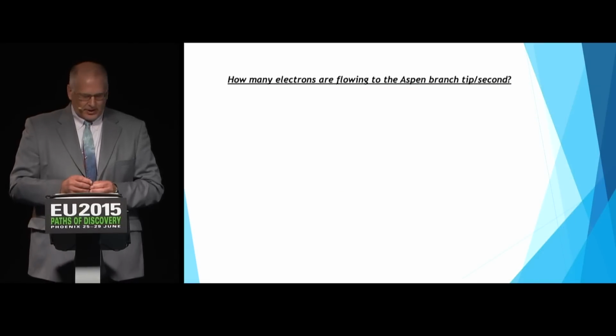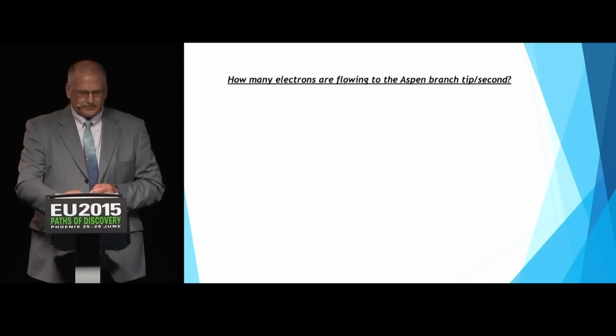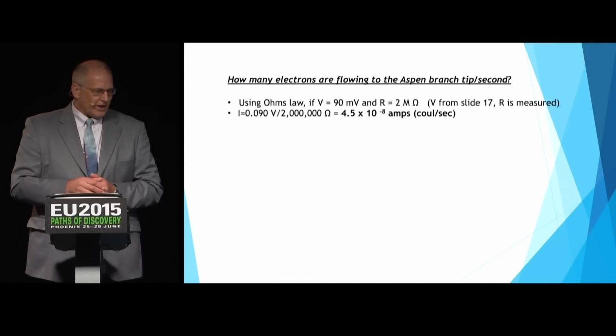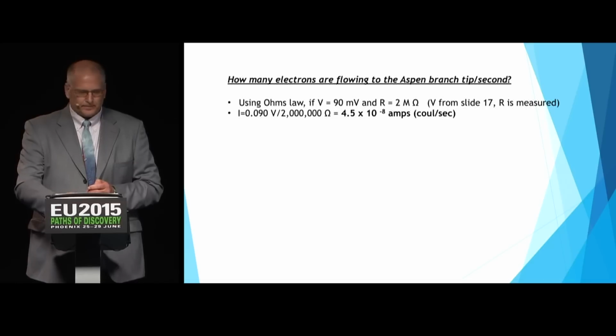So how many electrons are flowing to the Aspen branch tip per second? Using Ohm's law, V equals 90 millivolts and R equals 2 megaohms, we get an amperage calculation of 4.8 times 10 to the minus 8 amps, or coulombs per second.